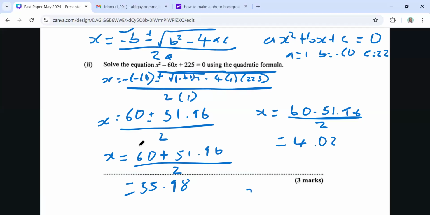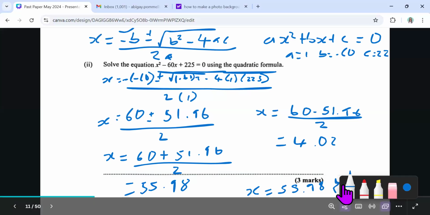So x is going to be 55.98 and 4.02. And that's how we solve it. All you have to do is just plug it into the formula.